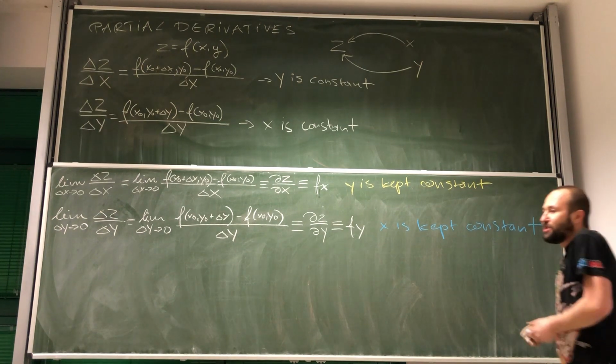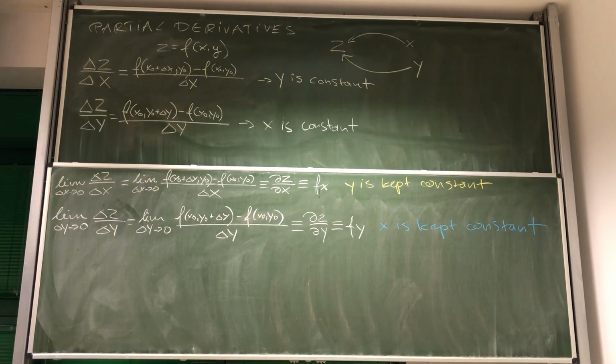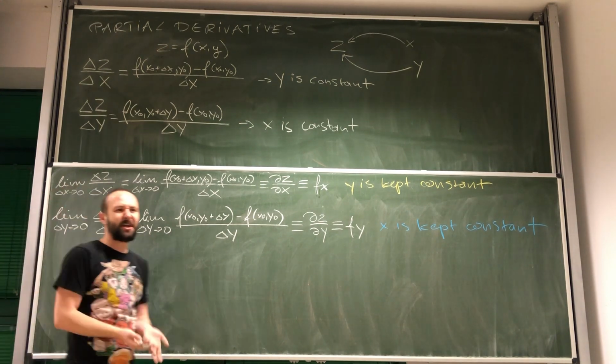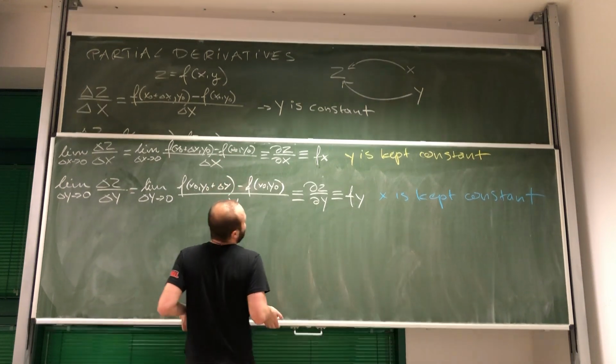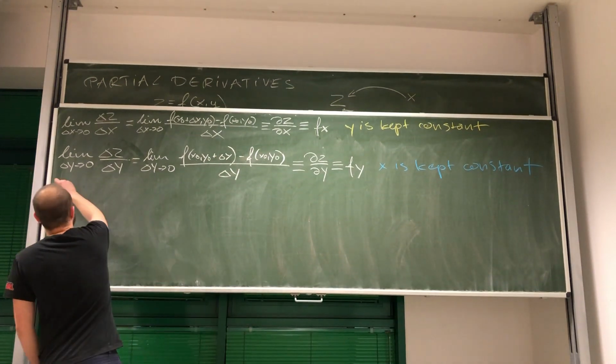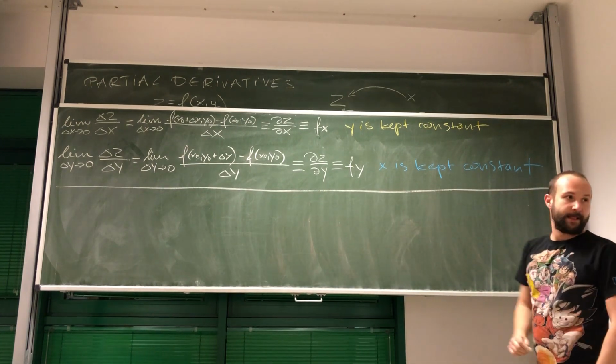Okay, and look, actually, this is basically all that we need in order to be able to start calculating partial derivatives. Now, let me show you with a couple of examples how it is done.